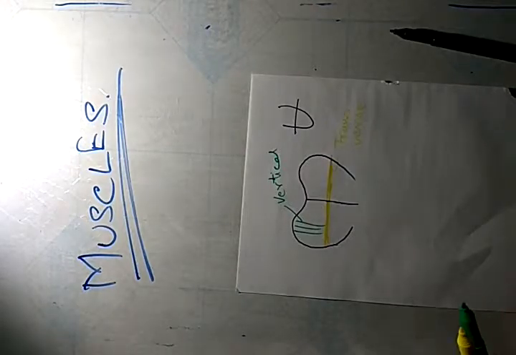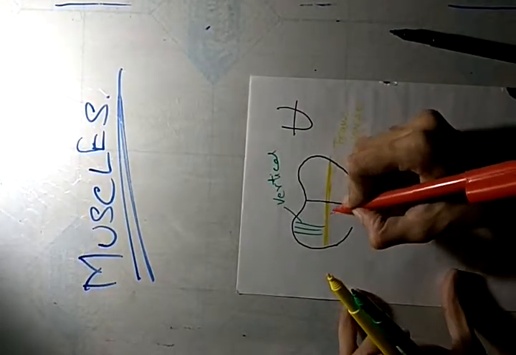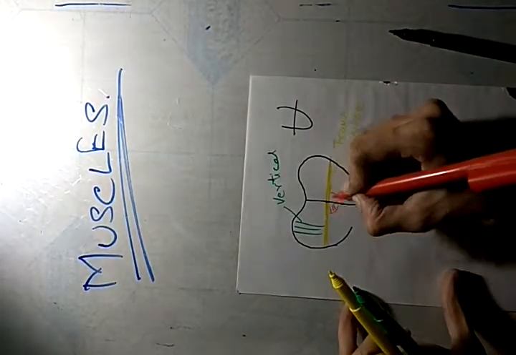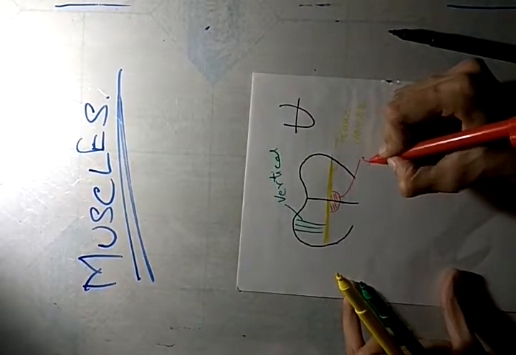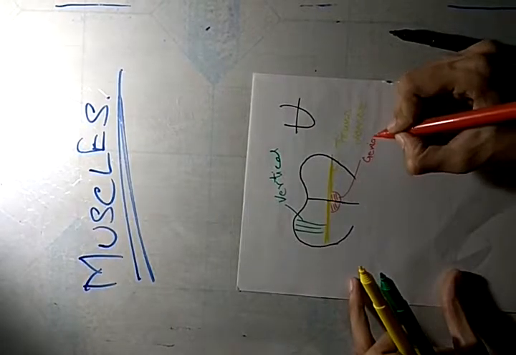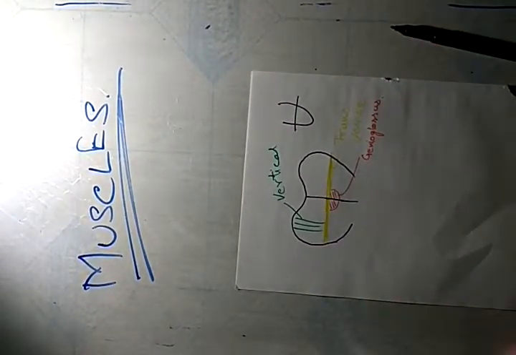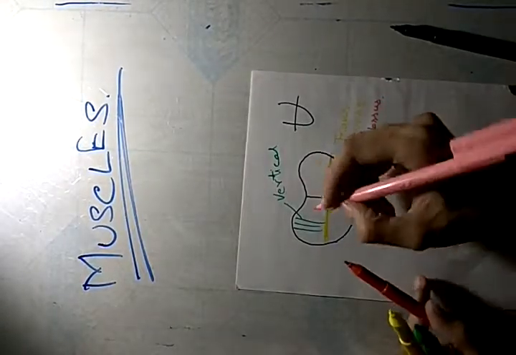Then in this particular diagram we can show genioglossus as well. So this is our genioglossus. And superior and inferior longitudinal.